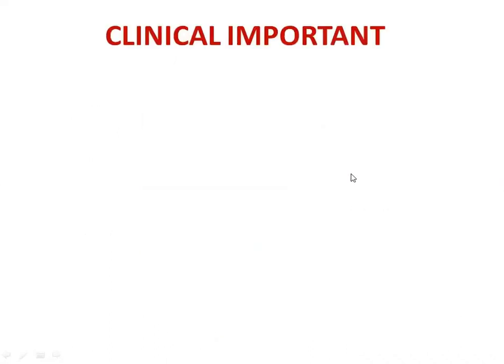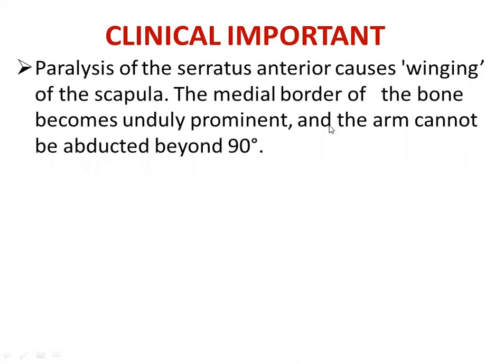Then we will see the clinical importance of the scapula bone. The first one is the winging scapula. This occurs when there is paralysis of the serratus anterior, which causes the winging scapula.